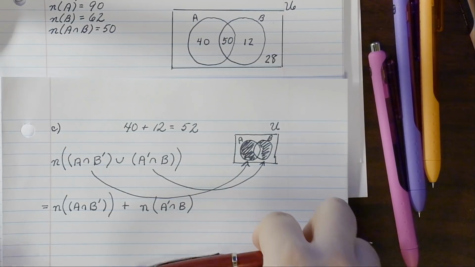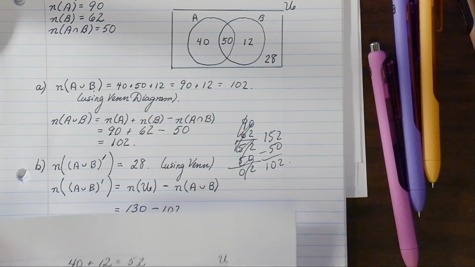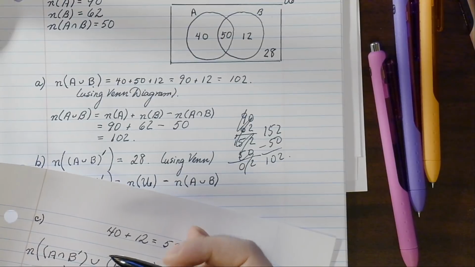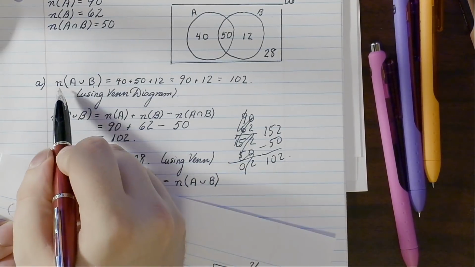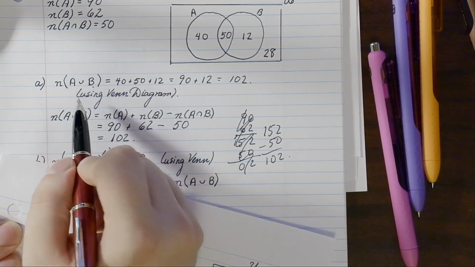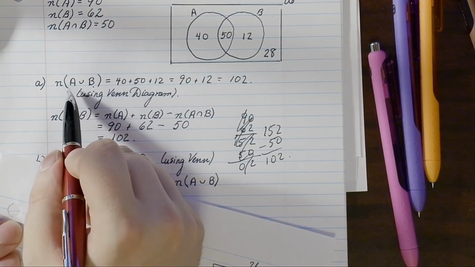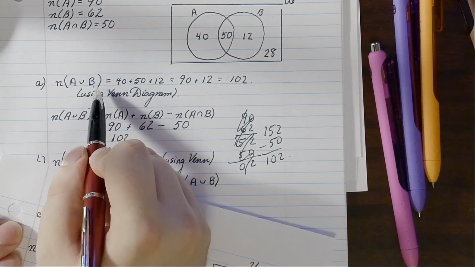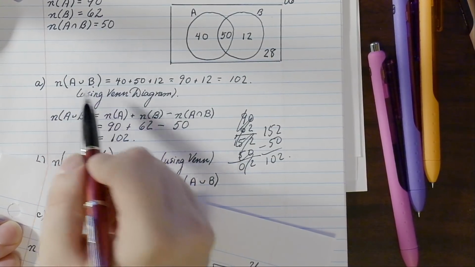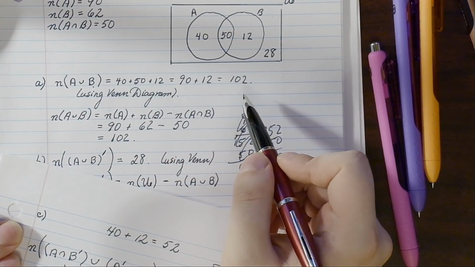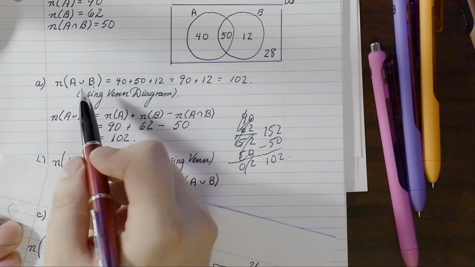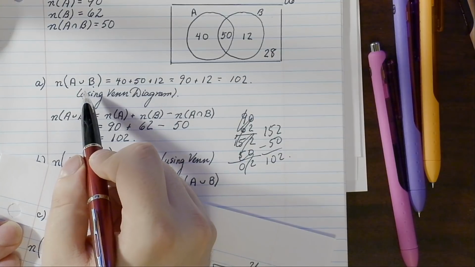Is that sufficient? My answer is yes and no, because what I want to see is something like this, where you tell me A union B, so the number of elements in there is equal to 102. So yes, you can tell me in there, but you should tell me what set you're actually looking at.